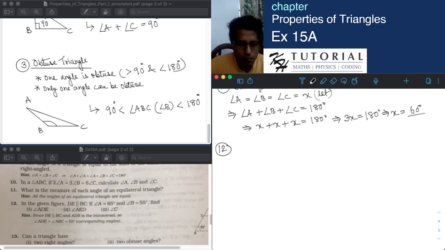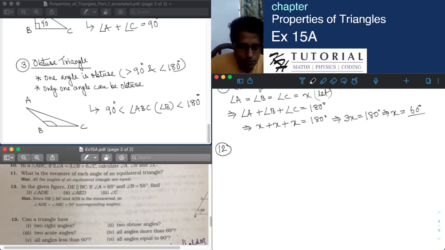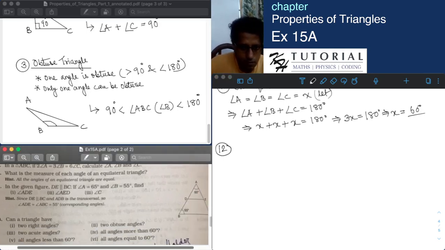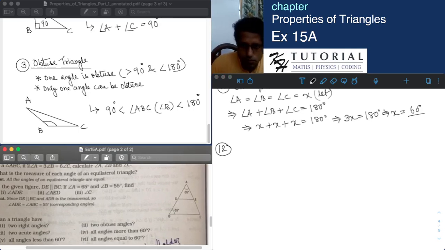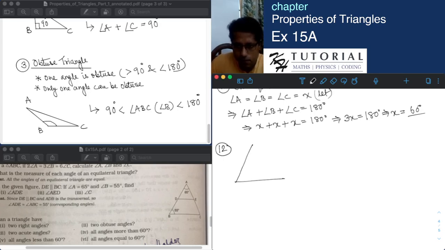Let's do problem number 12. A figure is given. Let's draw the figure first. We have a triangle ABC. And in the given figure, DE is parallel to BC.